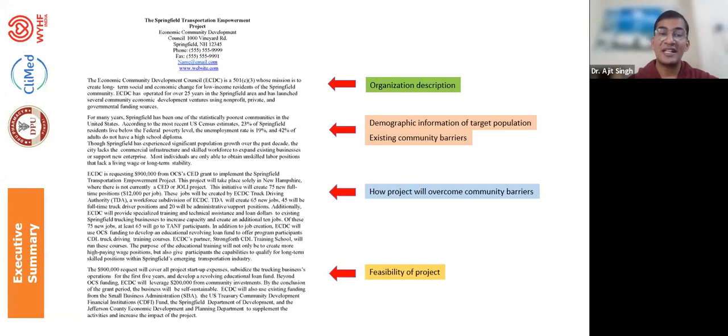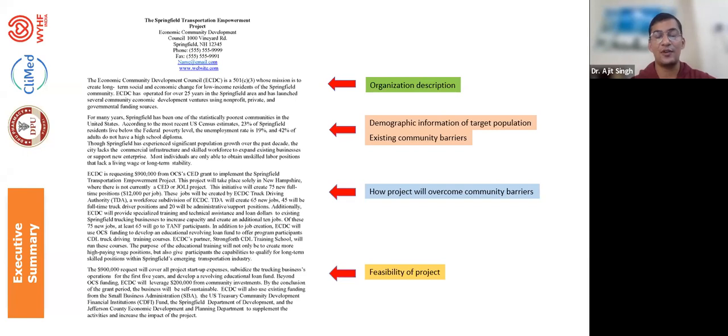So understand how they have written the executive summary, very well organized, starting with the organization description. This organization is who is asking for the funds, not who is giving the funds. Don't write about the ICMR or the NIH if you're asking for funds from them.